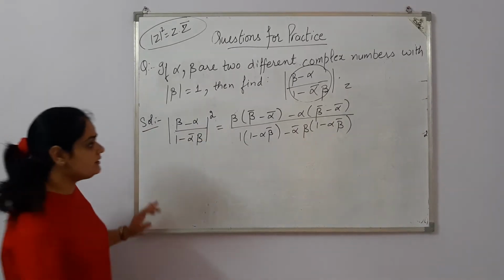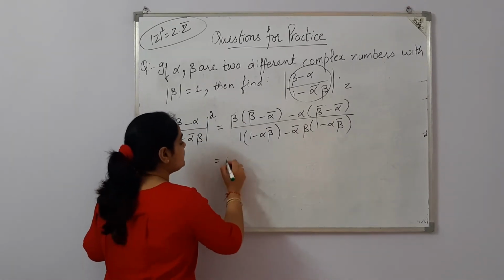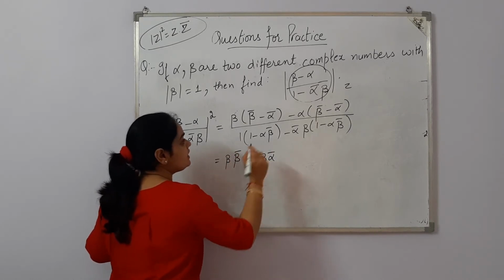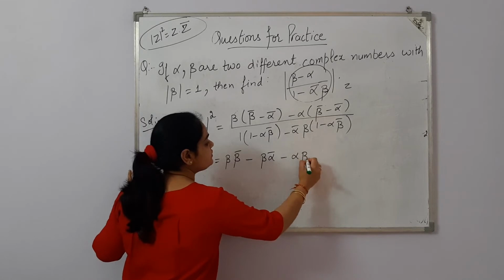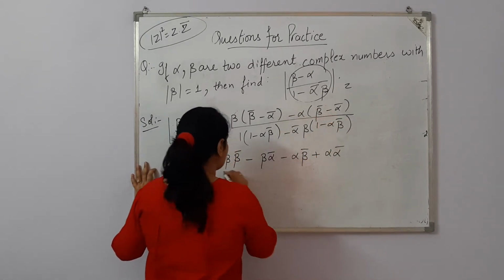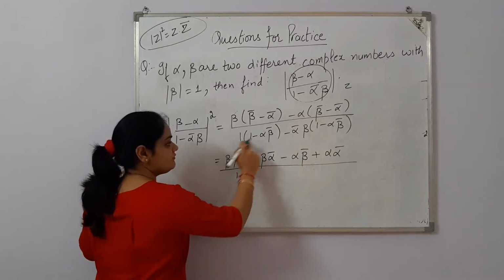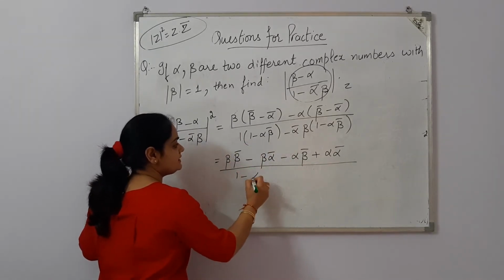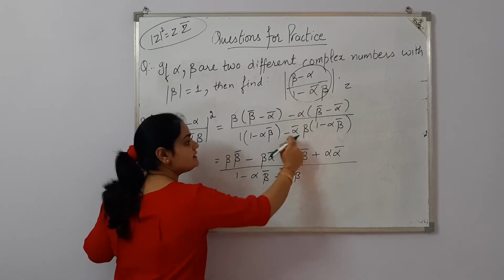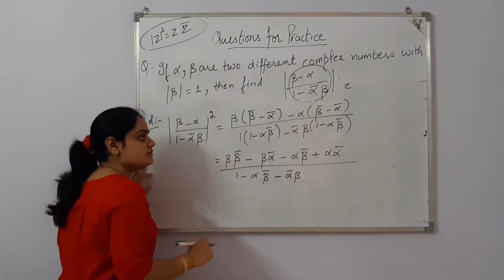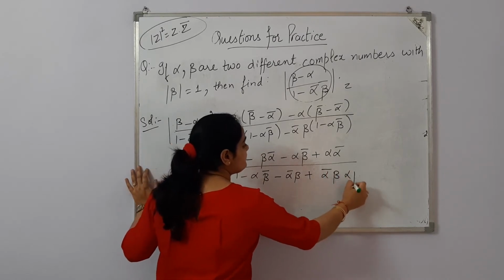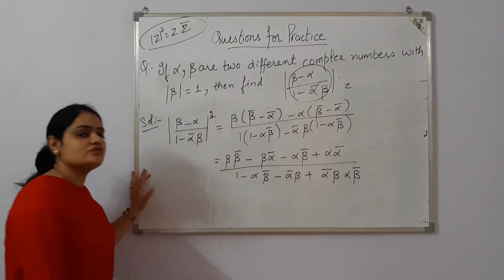Now we'll multiply beta into beta conjugate minus beta into alpha conjugate minus alpha into beta conjugate plus alpha into alpha conjugate, whole upon 1 times 1, so 1, minus alpha beta conjugate minus alpha conjugate beta, plus alpha conjugate beta alpha beta conjugate.